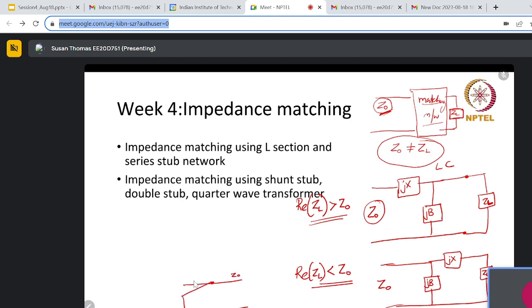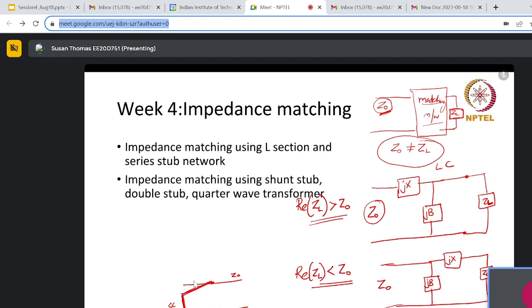Suppose you attach another transmission line, say a short circuited stub, in shunt to this transmission line. This is called a shunt stub. So impedance matching could be done using a series stub or a shunt stub. It could be a double stub, wherein you have two different sections of transmission line connected to the transmission line. Similarly, we have the quarter wave transformer.